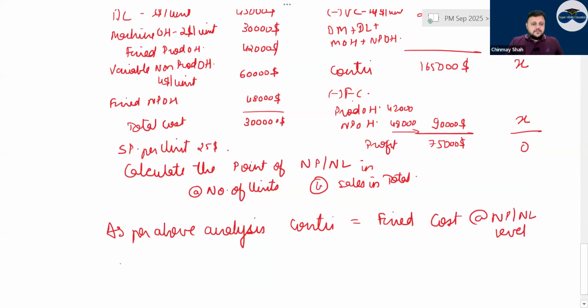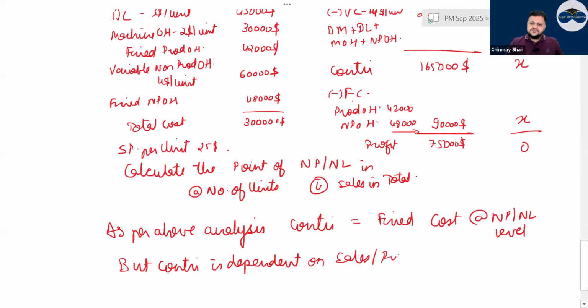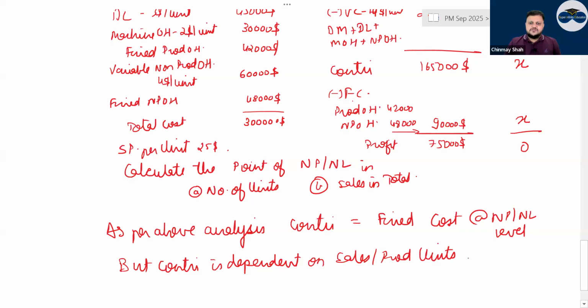But contribution is dependent on what? Sales and variable cost. So sales or production units, correct?